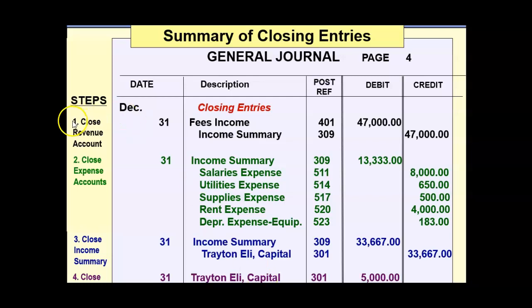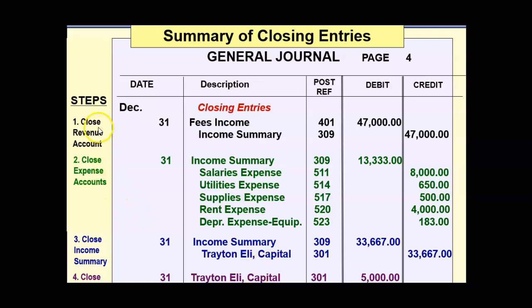So at the end of this process, your revenue accounts, expenses, income summary, and drawing will all have a zero balance. Their amounts have been transferred to the owner's capital account, which is a permanent account.